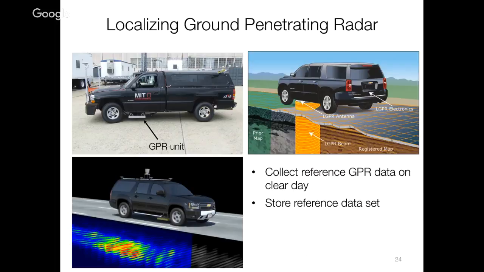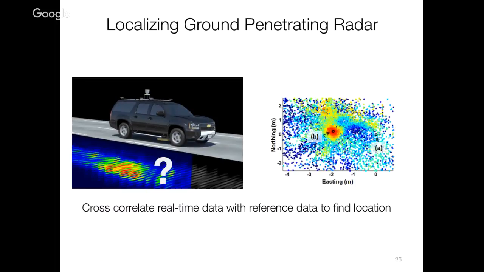So you get a reference data set. And when things get bad and you can't see outside, you still go over with your vehicle and get a radar set. Now you want to do a cross correlation, correlating this with the reference data set to find out where these things best match.